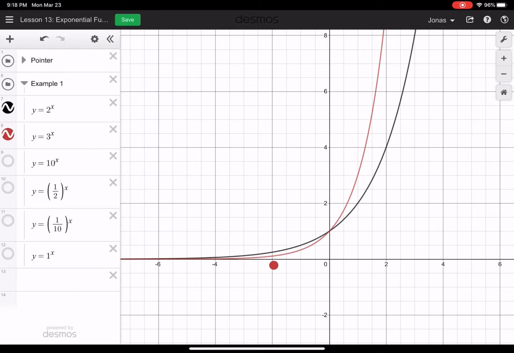If we plug the number negative 2 into the function 3 to the x, we get 1 over 9, which is closer to 0 here. And so what you observe is that for the function 3 to the x, it is similar to 2 to the x, but for positive x's, it's above. And for negative x's, it lies below. We say that it grows more quickly, and it also approaches 0 more quickly.